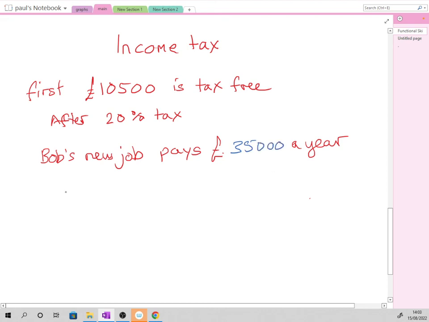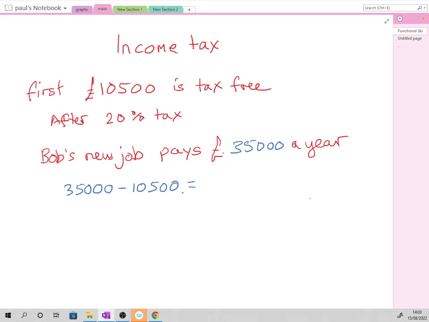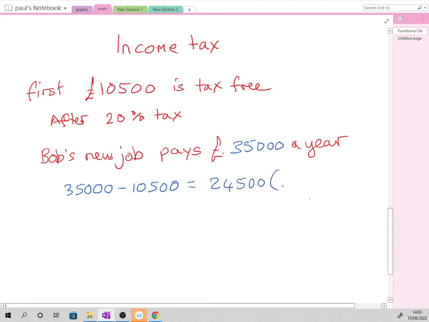Okay, so 35,000, take away 10,500 will leave us our taxable amount. 35, take away 10,500 is 24,500, the taxable amount.